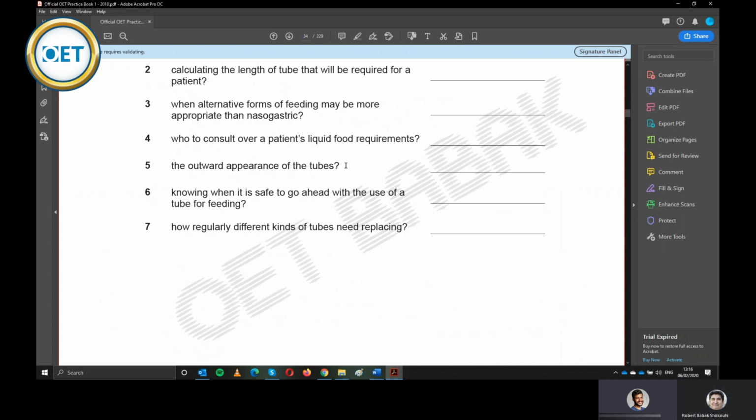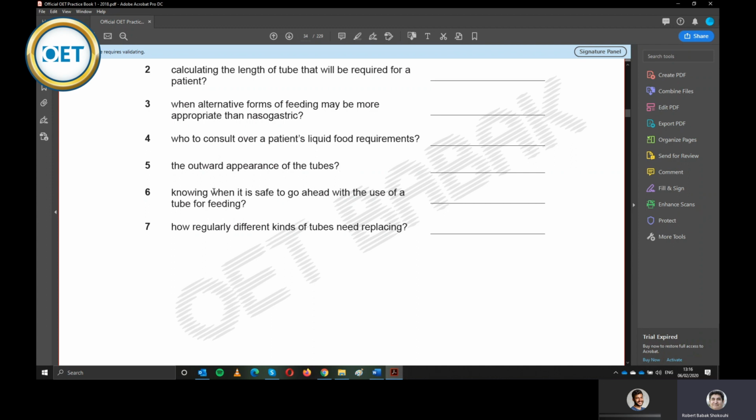But you say it's D or B or D? Sorry, I have some disconnections, so I cannot understand. Okay. Do you think it's B or D? Which one? Because for some seconds I have a disconnection. Okay. Number 5, we have outward appearance. C, I think. Okay. Knowing when it's safe to go ahead with the use of a tube for feeding.